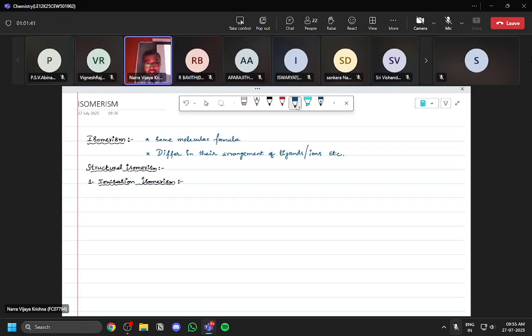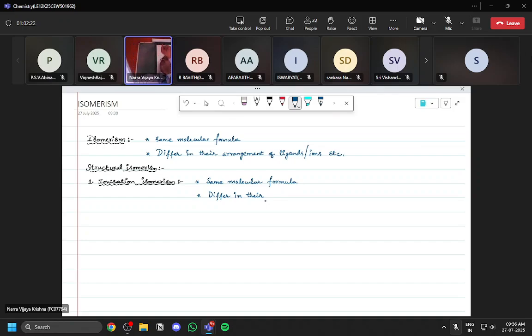Right, ionization isomerism. Conditions. Again, same molecular formula. Second condition: differ in ligands. I can't call it ligands, because if it is present inside the coordination sphere I have to call it a ligand, and if it is present outside, an ion.